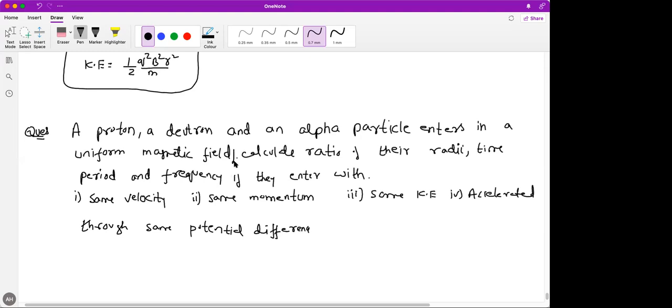And it is also given that they enter perpendicular to B.